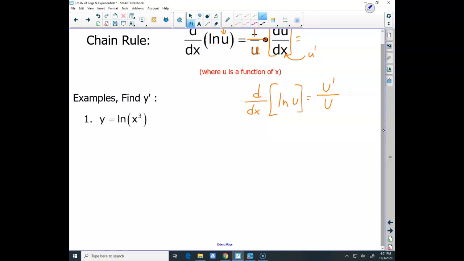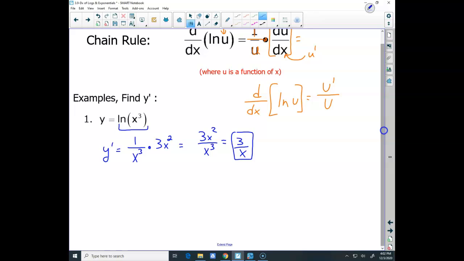So y prime of the ln of x cubed is going to equal 1 over x cubed times the derivative of the argument. Check it out. What happens there? That turns into 3x squared over x cubed. I can reduce that. That's 3 over x.